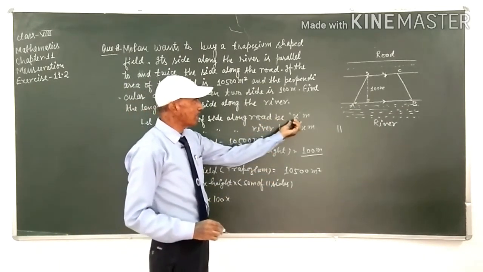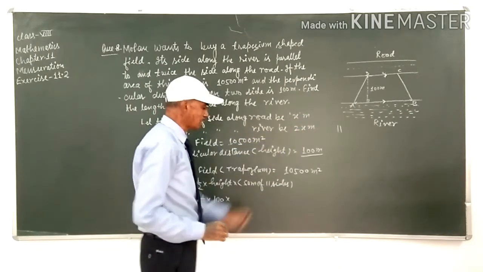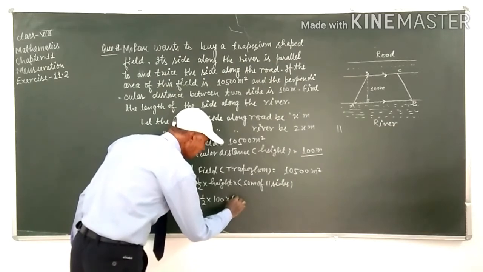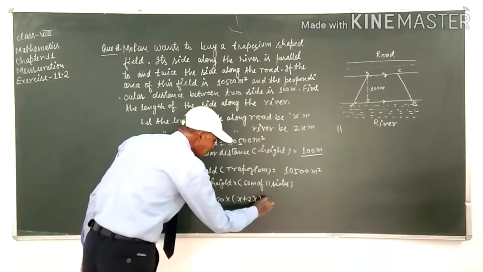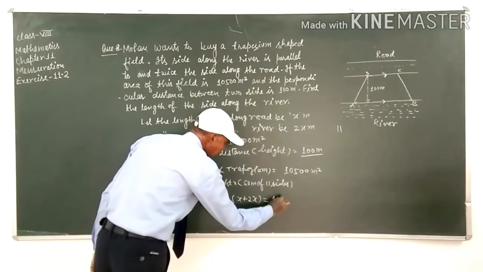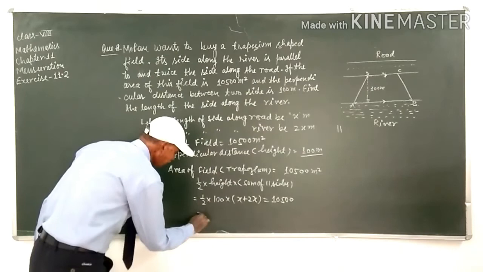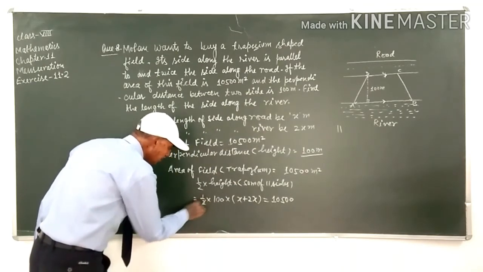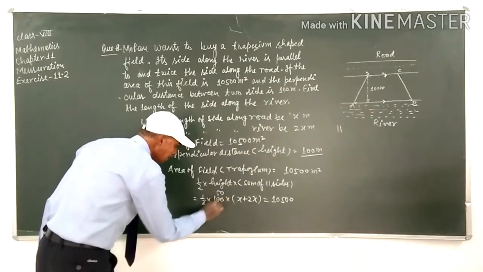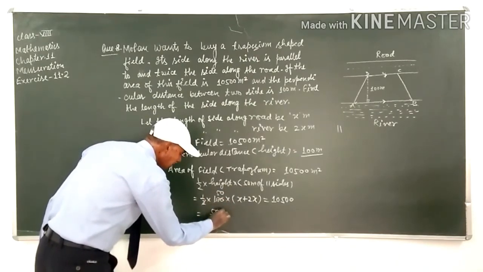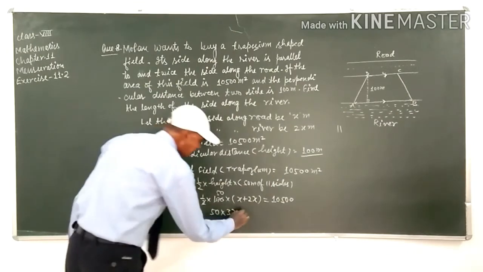One of the sides is x meter and the second side is 2x meter, that is x plus 2x is equal to 10,500. Now this one divided by 2, that is 50. So 50 into 3x, x plus 2x, student, is 10,500.